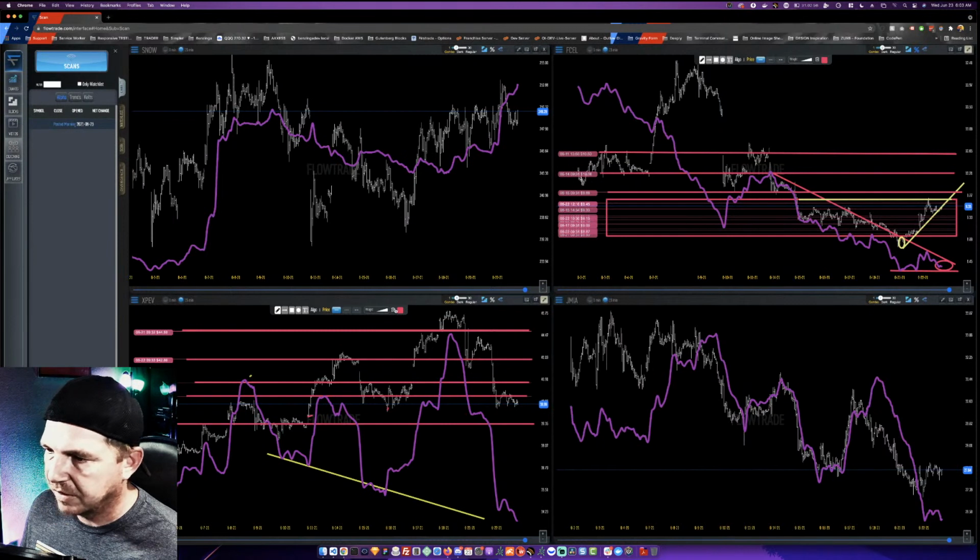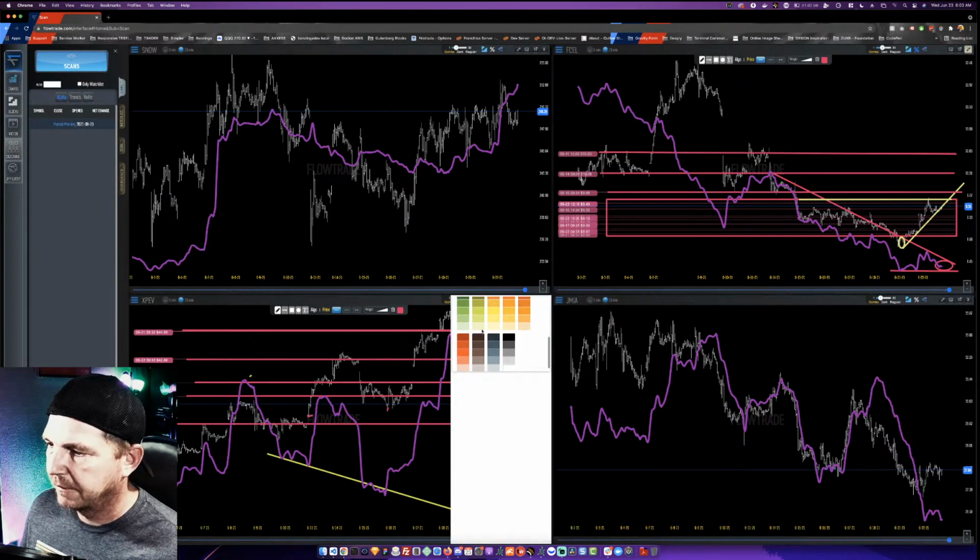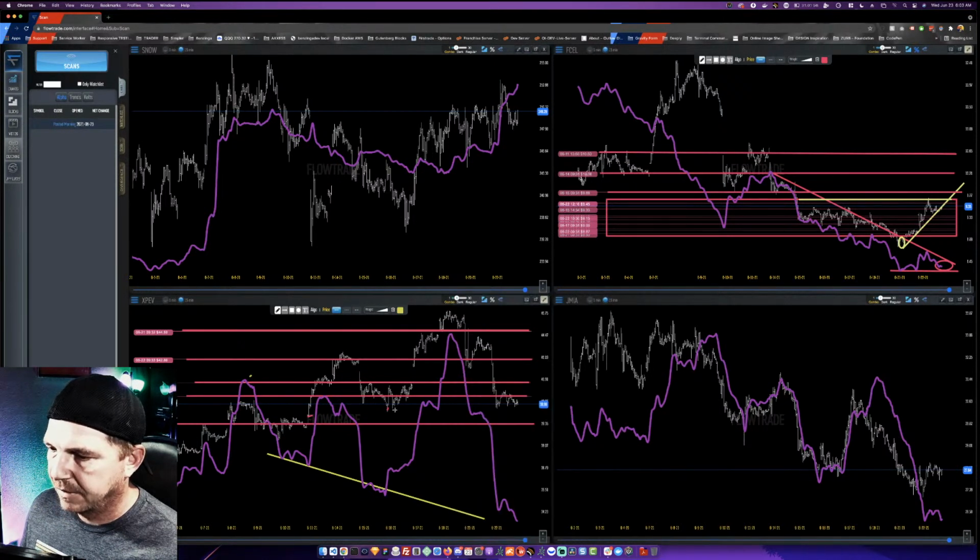Let me grab a different color for that. All right, there's something keeping us up right at this level. With the news, we would need the algo to do an about face. It's capable of doing it like it did there.